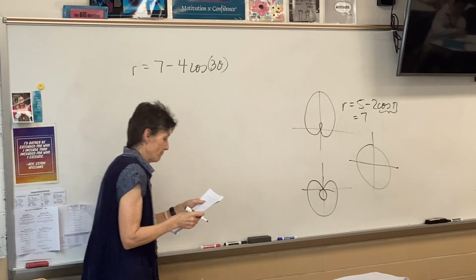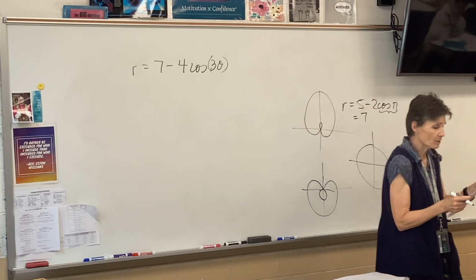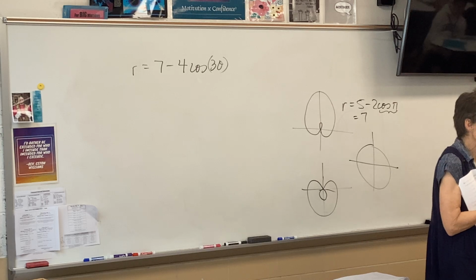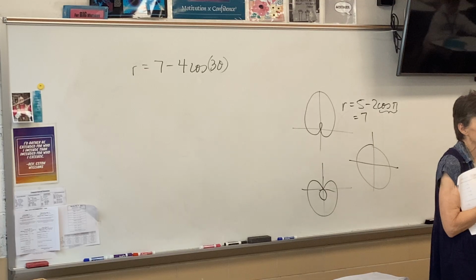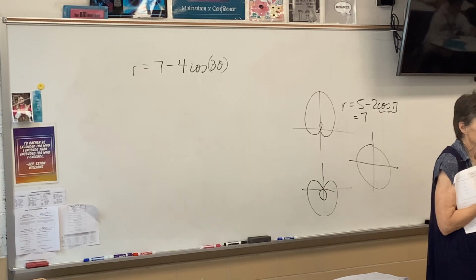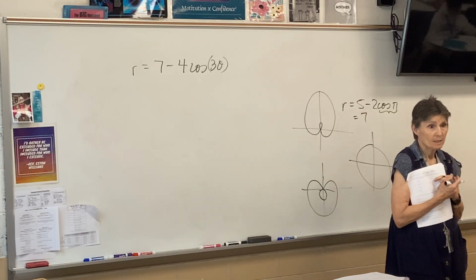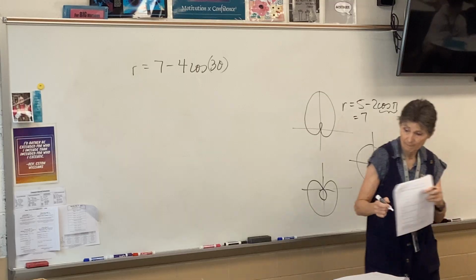Number 1. The maximum distance that we can be from the origin is 7. No. What's the maximum distance we can be from the origin? 11? Right, because cosine can be -1, and that would make 7 plus 4, 11. So that's false.